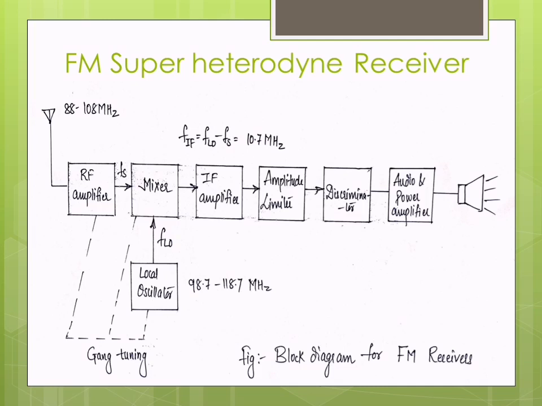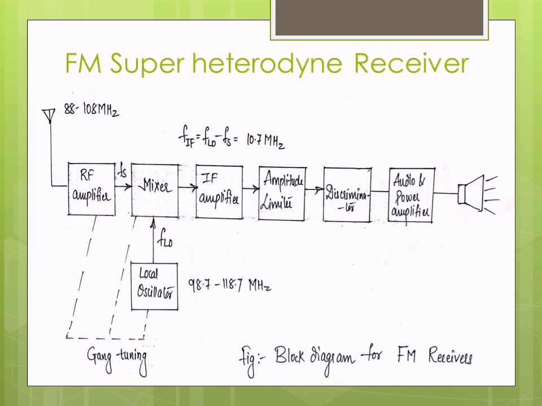Then we have a new term here, the amplitude limiter. As we have studied in frequency modulation, the frequency of the carrier wave is varied in accordance with the instantaneous amplitude of the modulating signal, right? So only the frequency of the carrier is varying, and the amplitude of the carrier wave is not varying.